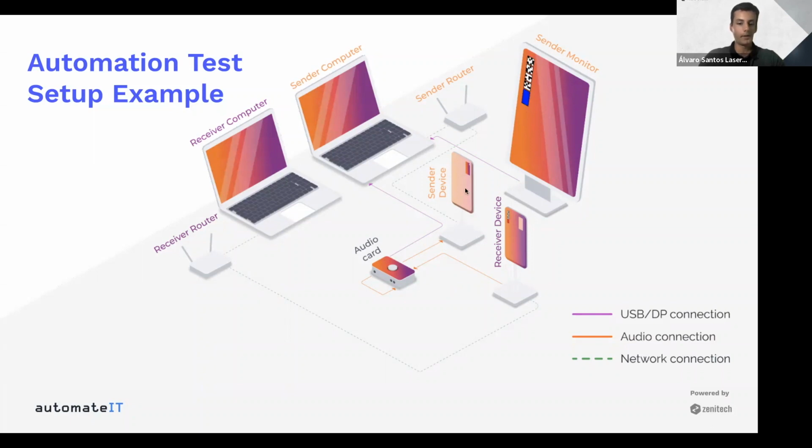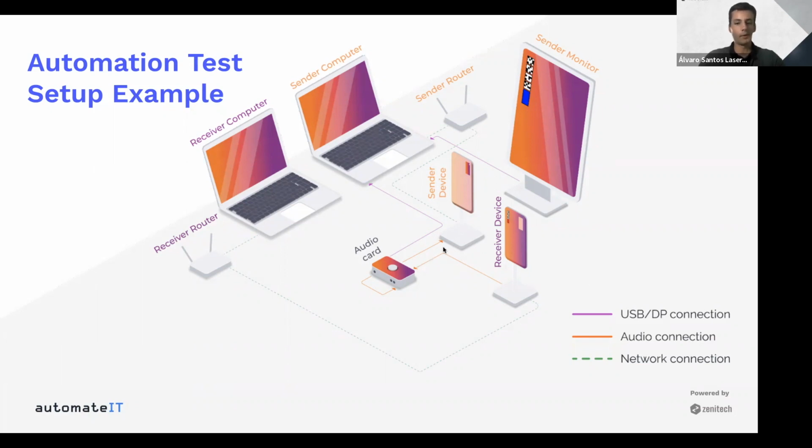This video is recorded by the sender device and sent through the application, let's say Zoom, imagine that we are testing Zoom, to the receiver device. This is the one that we are going to record, and that's why we call it the receiver device. It's not that they are not both senders and receivers, but we use it as the one that we are going to test to see what the media quality is from that end.